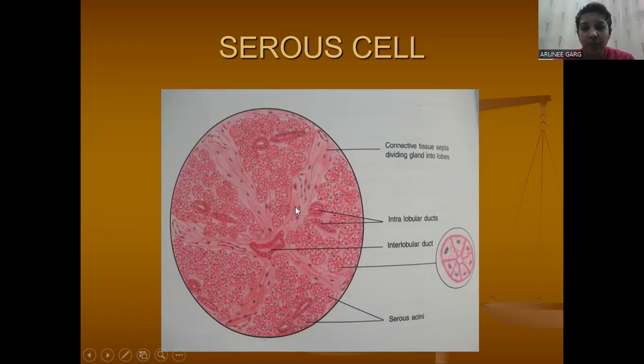These are the intralobular ducts, and these are the interlobular ducts formed between the lobules. These are all the serous acini. You can tell by the shape of the cells.